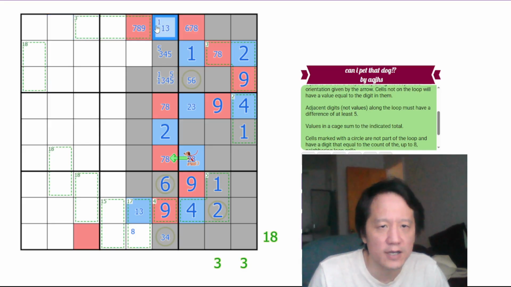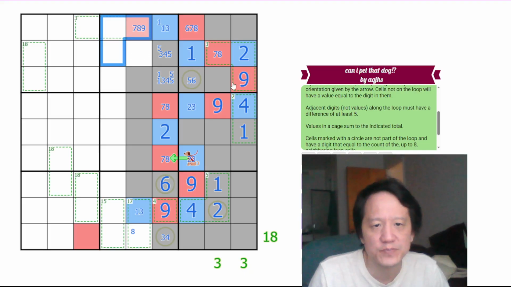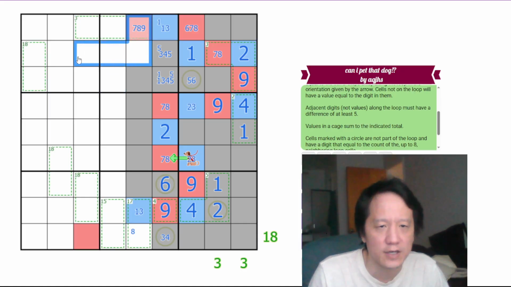The 1 cannot be in the rest of the box. So it can't stay in the box, and if it goes down here or stays in row 2, which sees that 1, it would not be either. So 1, 2, 3, 4, 5, 6, can't go 7, 8, 9.